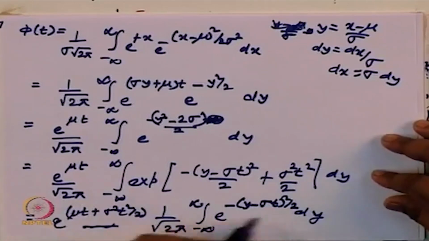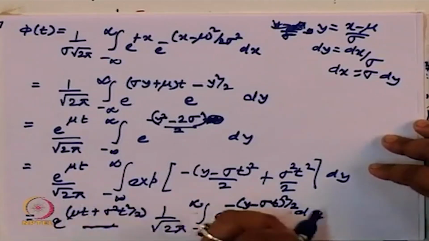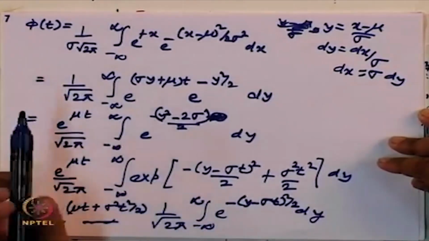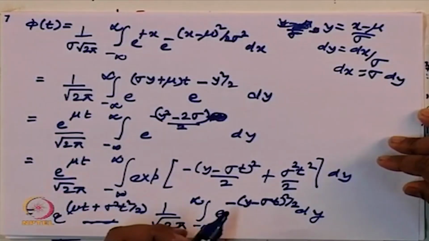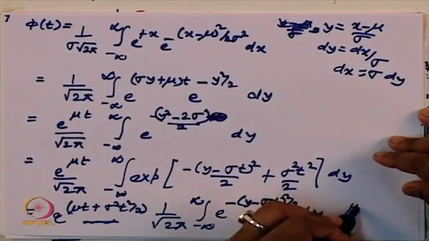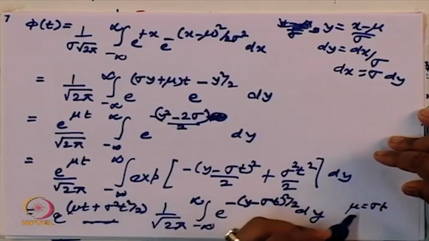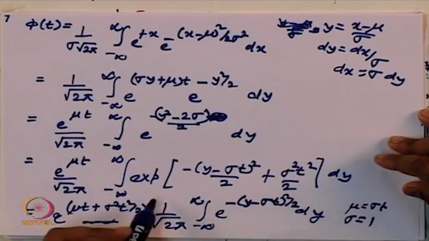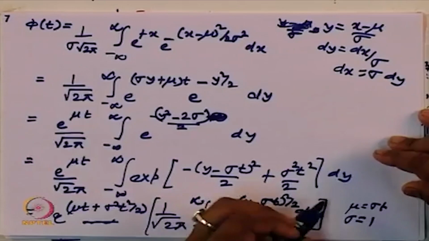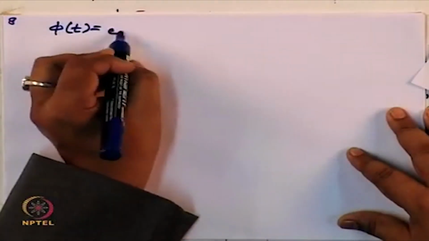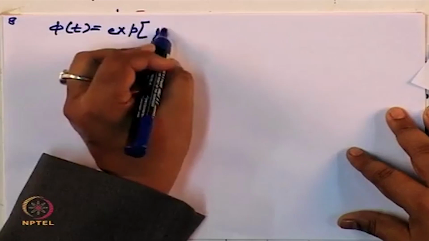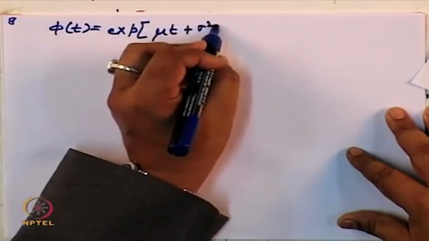This term is nothing but the same distribution f of x with parameters mu equal to sigma t and sigma equal to 1. So this integral gives you nothing but 1. So I can then write the entire phi of t as nothing but exponential mu t plus sigma square t square by 2.